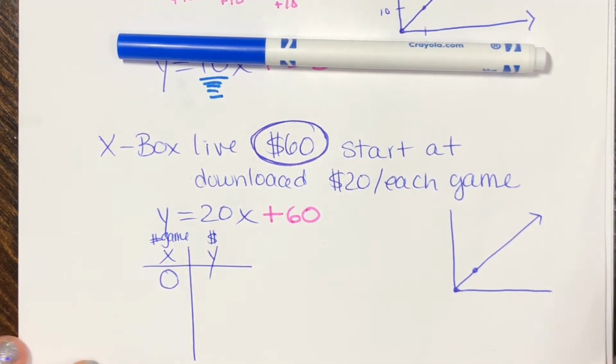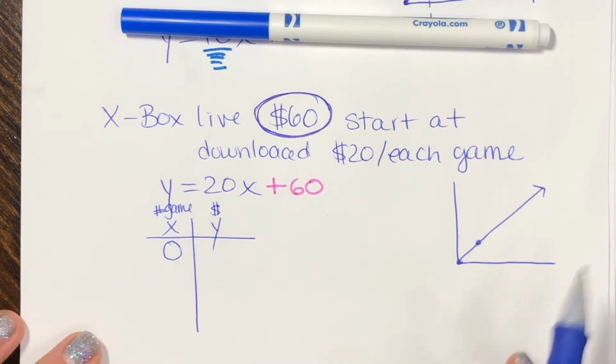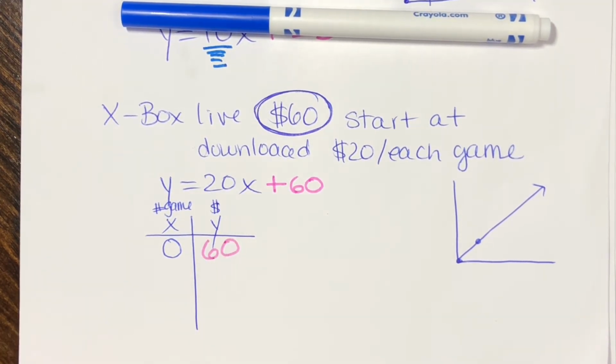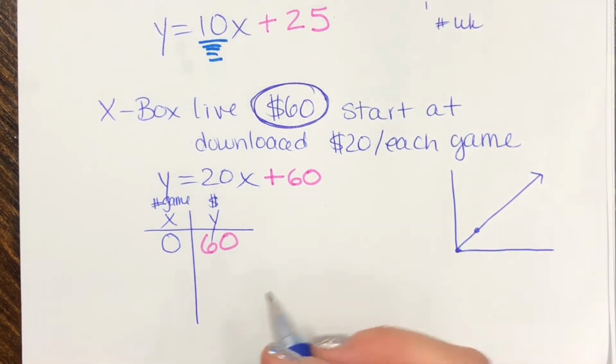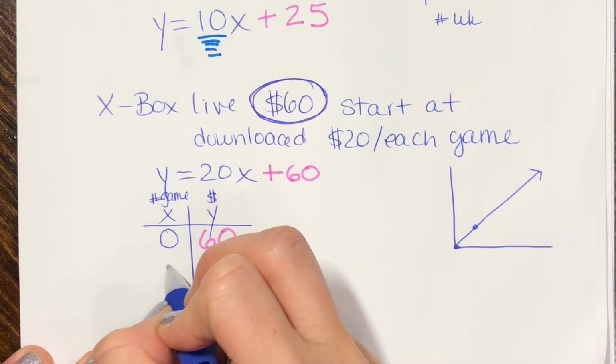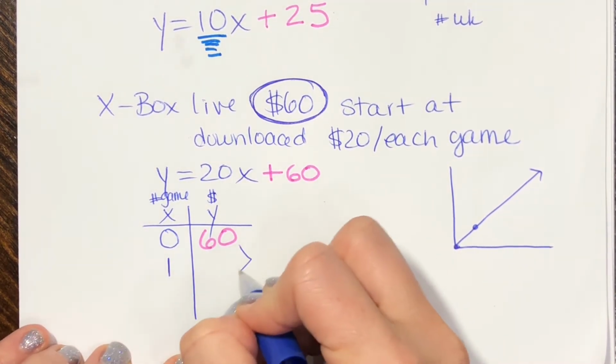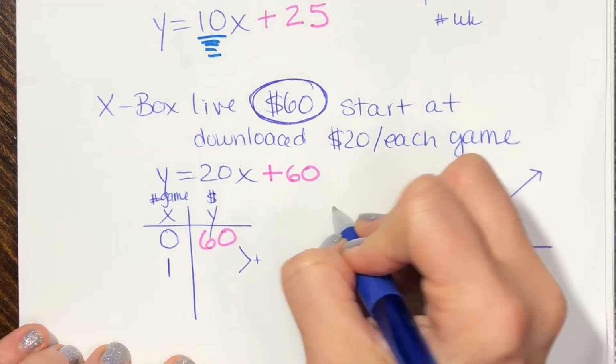then I'm looking at 0 games. I haven't even logged on to play against my friends yet. I have still forked out $60. That's the startup fee. That's what I have to pay just to be able to log on and play against them. And so after I download that first game, I will have that $60 that I pay one time.